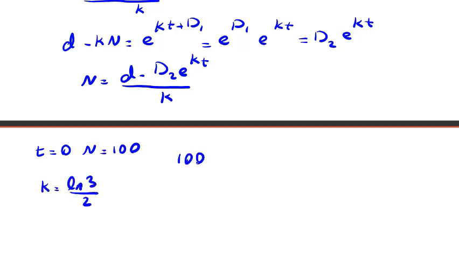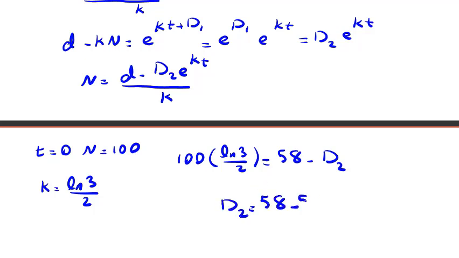So 100 times ln 3 over 2 equals small d, which is here 58, minus d2 e to the power of 0, which is 1. So d2 equals 58 minus 50 ln 3.